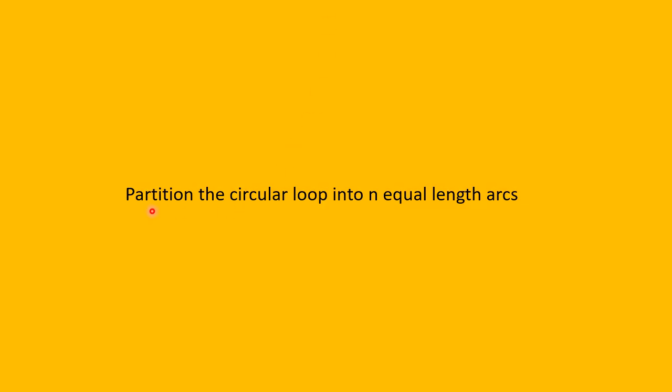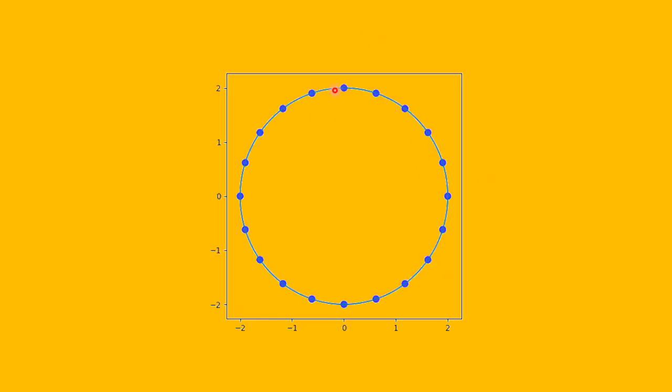So to reiterate what we did, we're going to partition that circular loop into n equal length arcs. Here's a picture of that circle in our problem, of radius 2, and the circle is broken up into little arcs here.